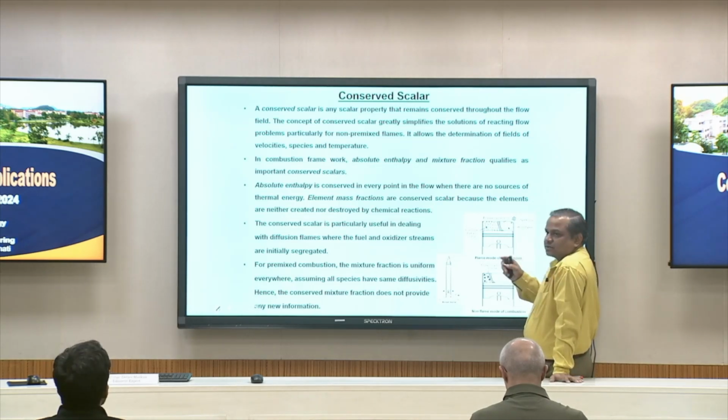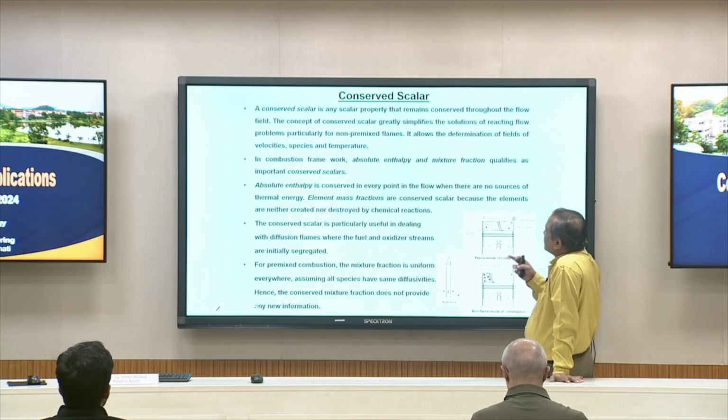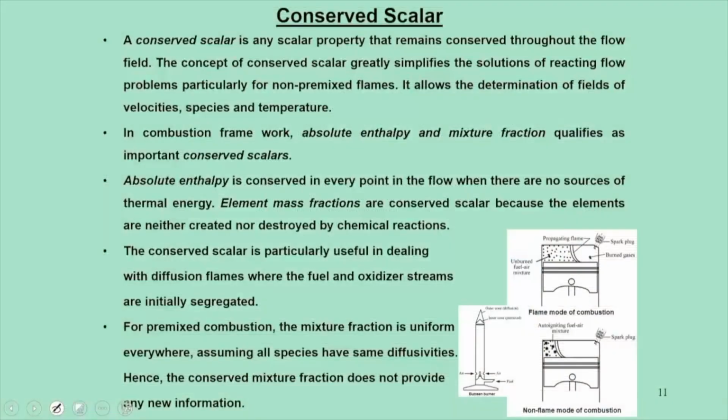When we say it's a premixed case, obviously the charge, the fuel and air concentration, remains the same. When it is non-premixed, phi does not give the same bearing. So you have to bring in another parameter which keeps the fuel identity constant throughout this domain. So these explanations we have given: mass fractions and absolute enthalpy are typically other kinds of conserved scalar parameters.